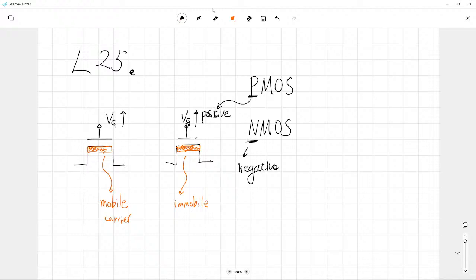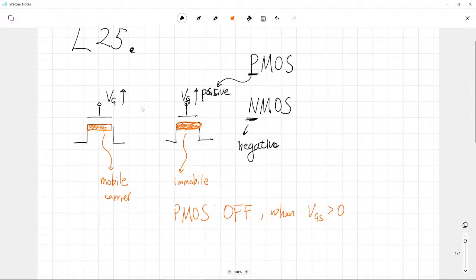So although negative charges are collected here when we apply a positive value, that is not related to mobile carriers. That's the reason why when you apply positive gate bias, this PMOS can be regarded as off when VGS is positive. That is completely different from our NMOS.